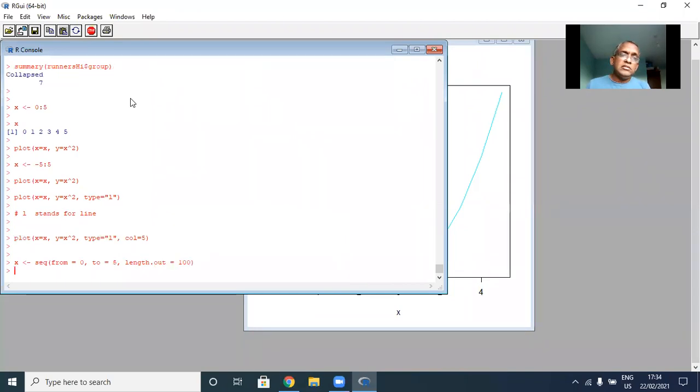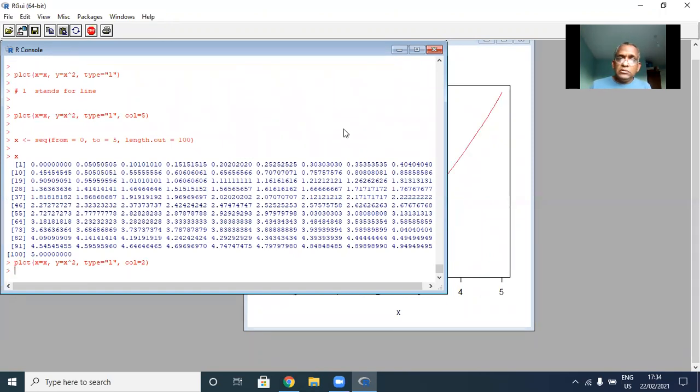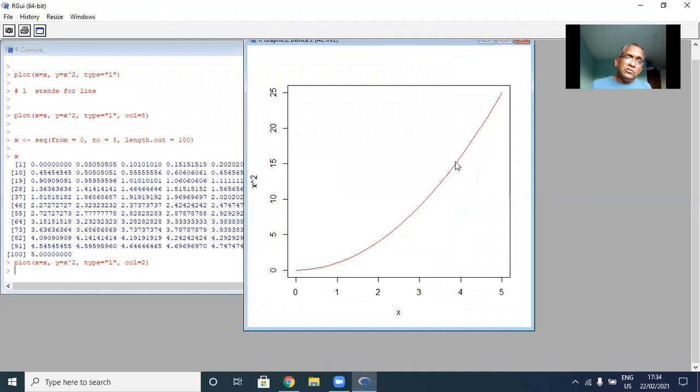So what this means is that it picks numbers from 0 to 5 equally spaced of length 100, right? Then you can plot, say, color equal to 2. So it will produce this, right? You should do plot x squared versus x, type equal to L, color equal to 2 will produce this curve.